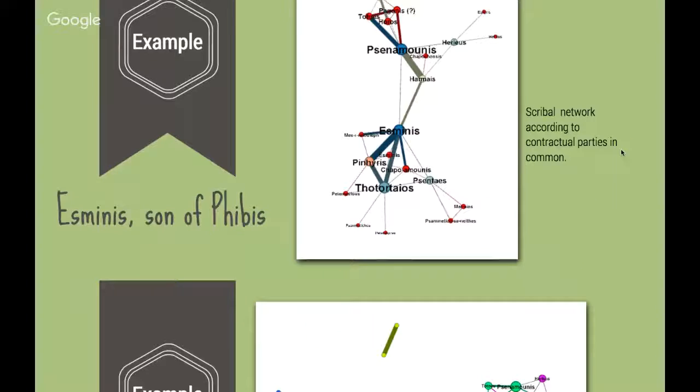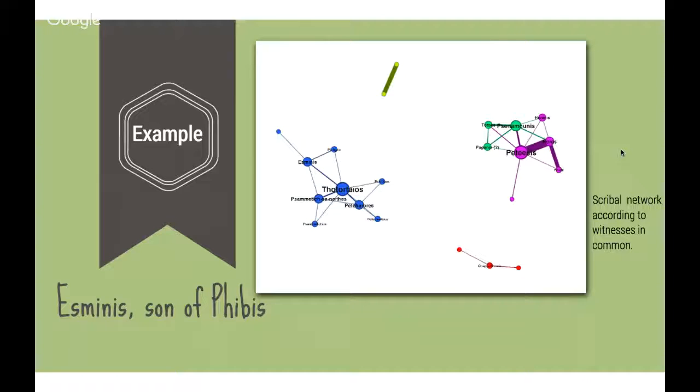Now, if we go on, you could say that this is the same network because it has all the same actors in it. So these are, again, all our same scribes, but this time they are only connected if they shared any witnesses. So if they drew up a contract and both of them at least used the same witness once.